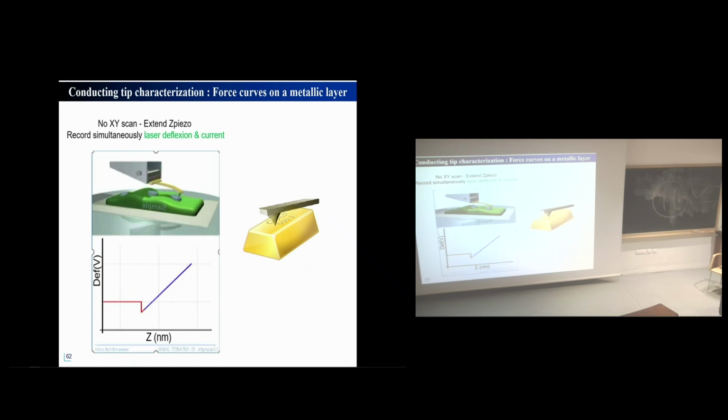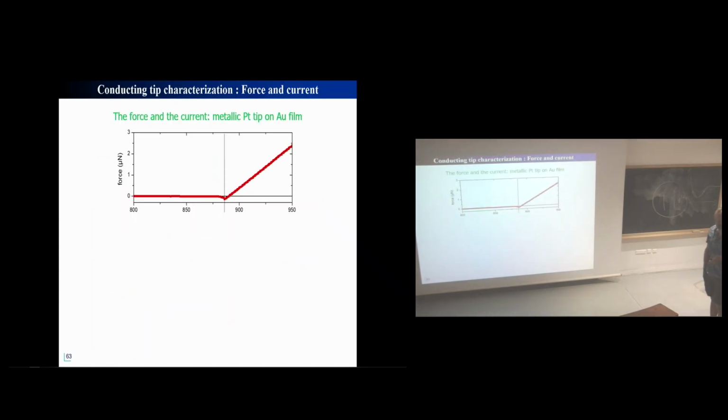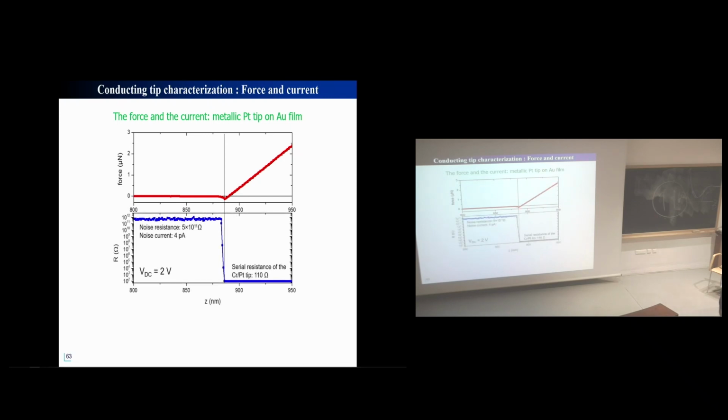So to characterize a conductive probe, we are going to use what you know now, a force curve on a conductive film like gold, for example. This is the force curve. No contact, jump to contact, you push on the surface. And this is the current you can record at the same time.